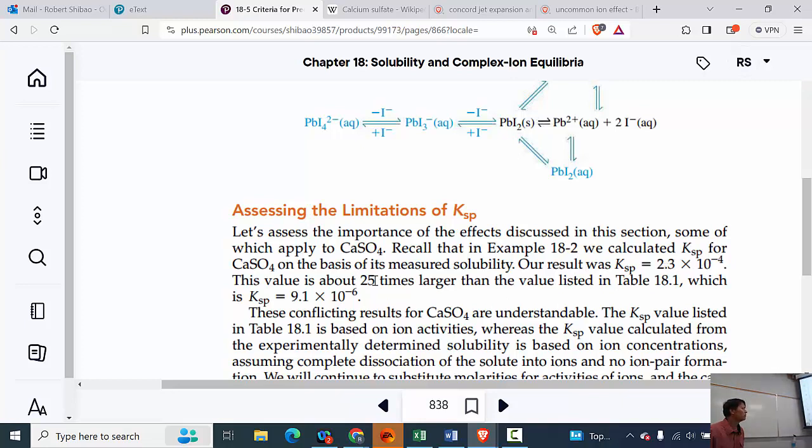This value is about 25 times larger than the value listed in table 18.1, which is a Ksp of 9.1 times 10 to the minus 6. When you see this 25 times difference, it doesn't give you a whole lot of confidence, because 25 times is like 2,500% error. It's not like we're off by 2 powers of 10.